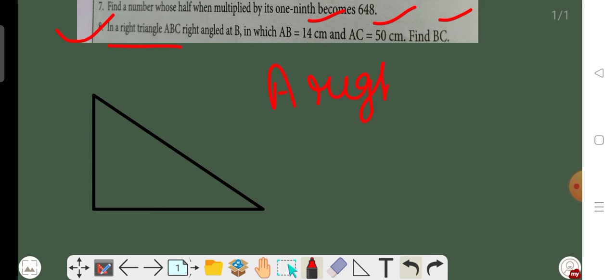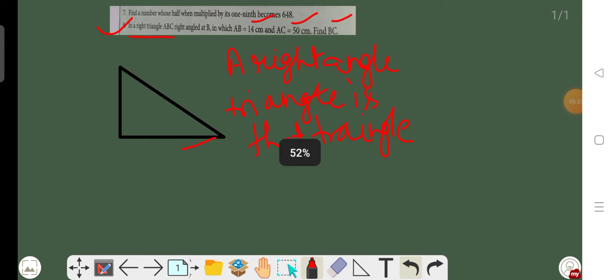A right angle triangle is that triangle whose one angle is equal to 90 degree. Okay, this is the definition of your right angle triangle beta. Right angle triangle is that triangle in which one angle must be equal to 90 degree.